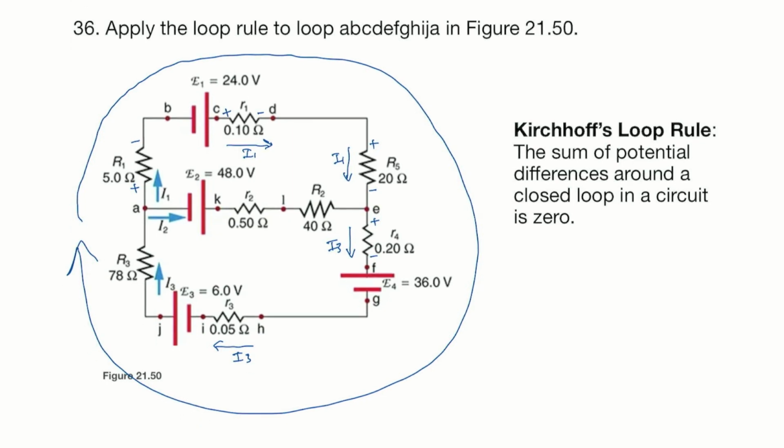And then we have little resistor r3, that's internal resistance for the battery E3. Where it enters on the H side is plus, where it exits on the I side is minus. Okay, so EMF 3 and internal resistor r3 make up battery, we can call it E3.